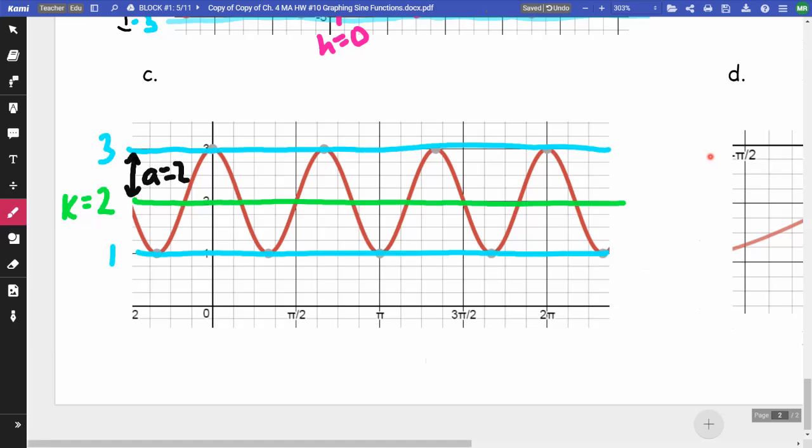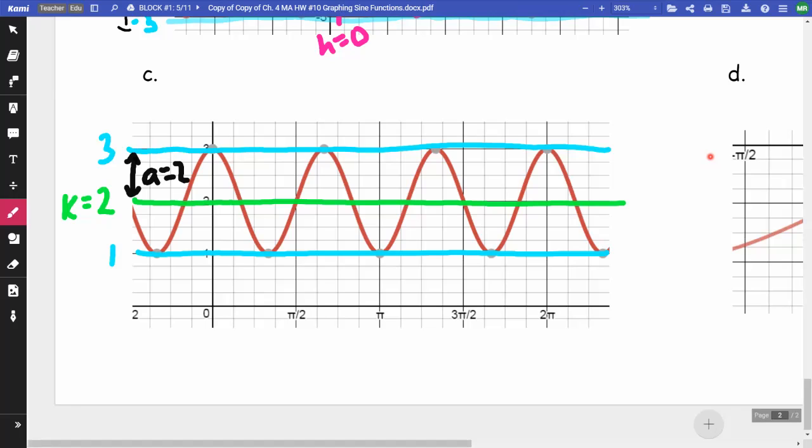Now for this one, what I probably would do is try to see if I see any nice crossings here, so I can kind of see what's happening.